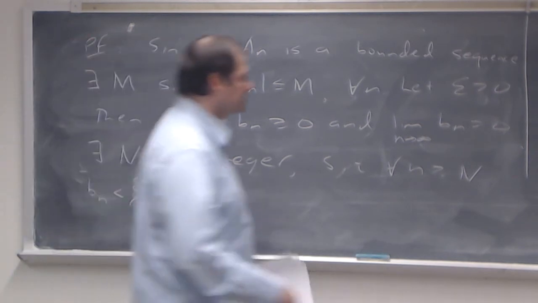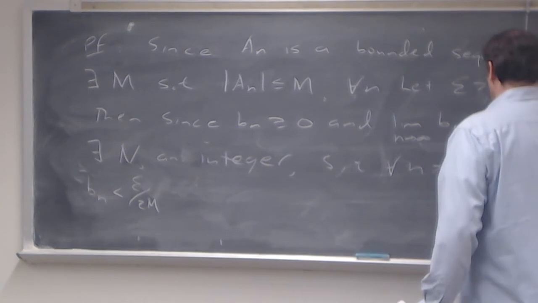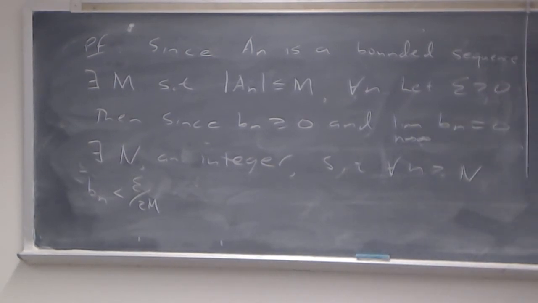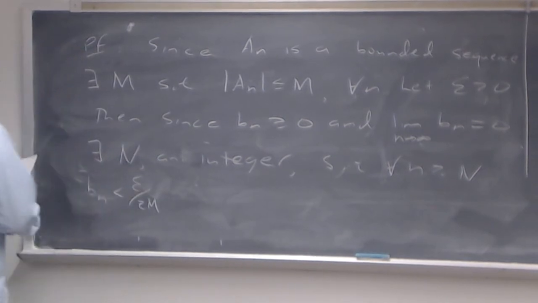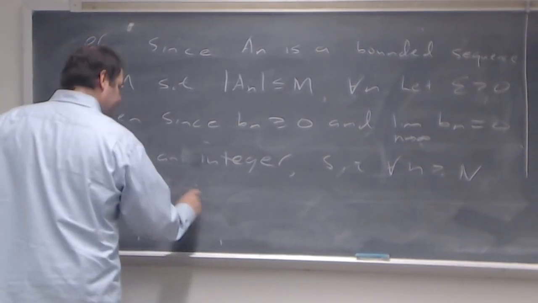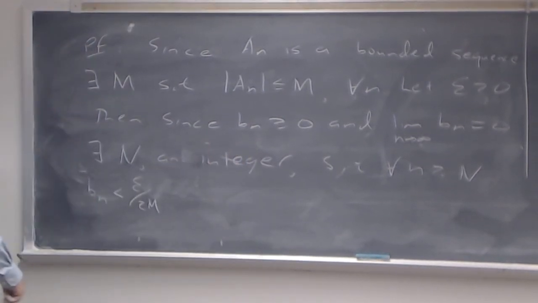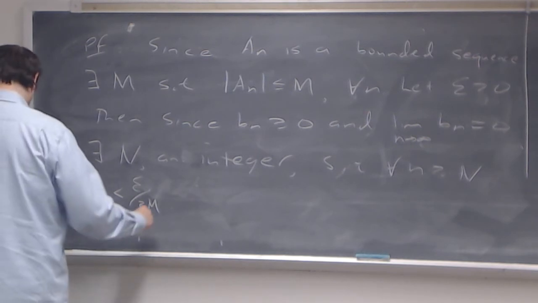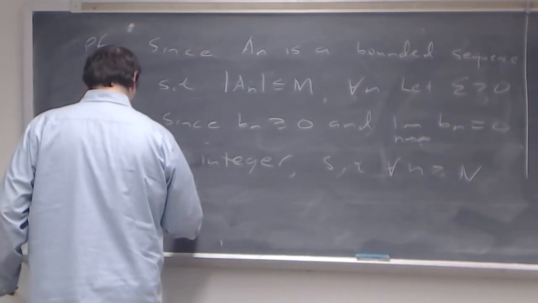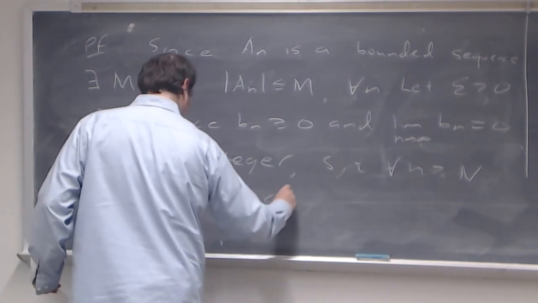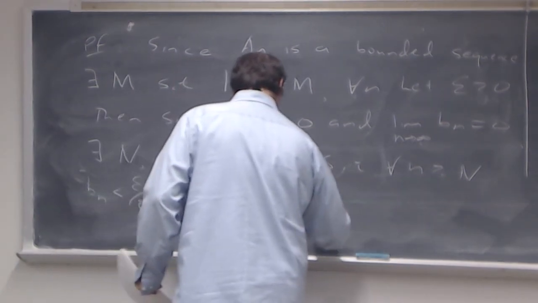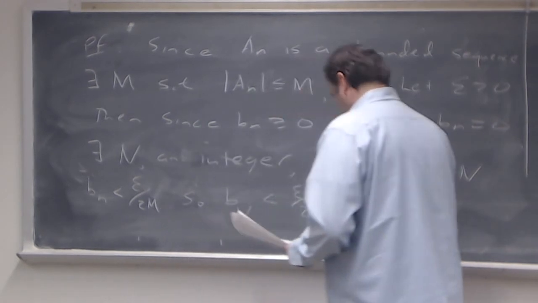This is a less than or equal sign, not a strict one, so don't get confused about that. And this is true for all n bigger than that big N. In particular, b sub big N will be less than epsilon over 2 times m.